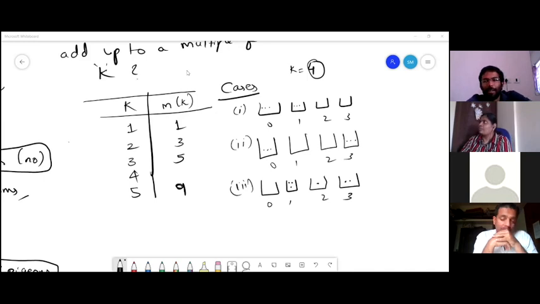Or is there some other value of k for which we can easily find it? Like if k satisfies some property, then m of k is this. Can you say something like that?